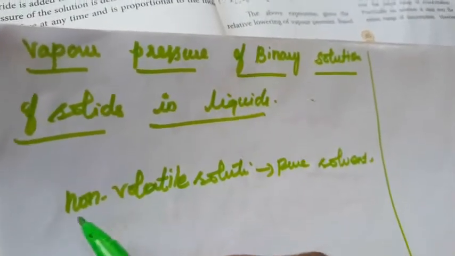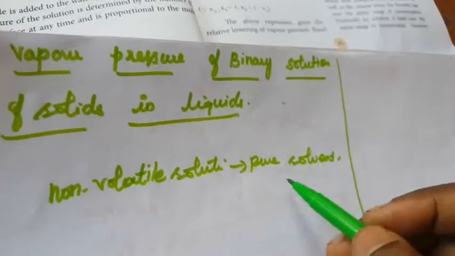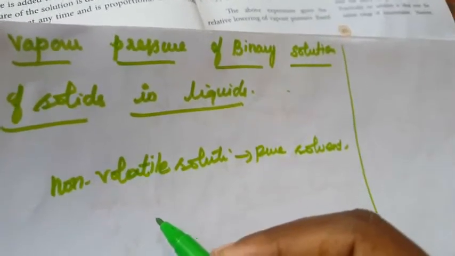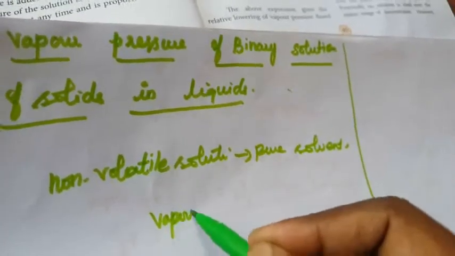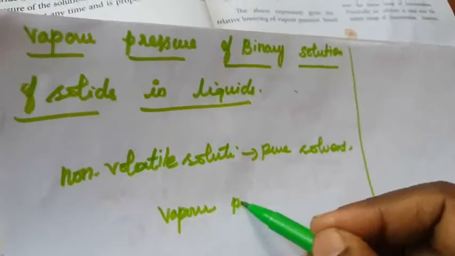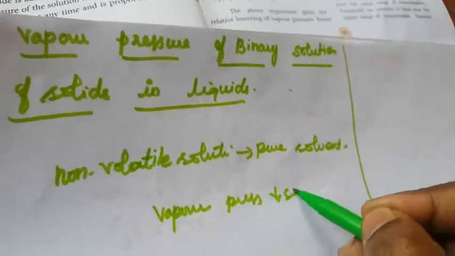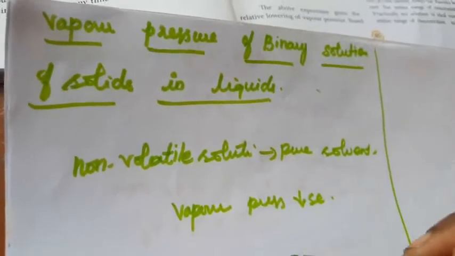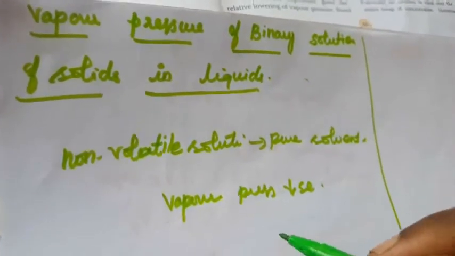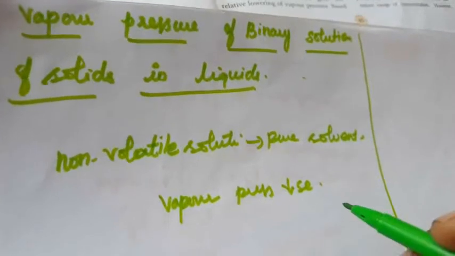So when we dissolve a non-volatile solute in the pure solvent, the vapor pressure of the solvent decreases. What is the reason? In such a solution, the vapor pressure of the solution depends only on the nature of the solvent molecules, and the solute is non-volatile.